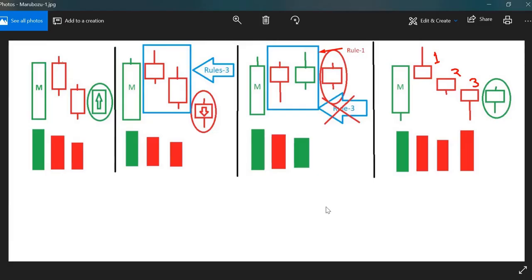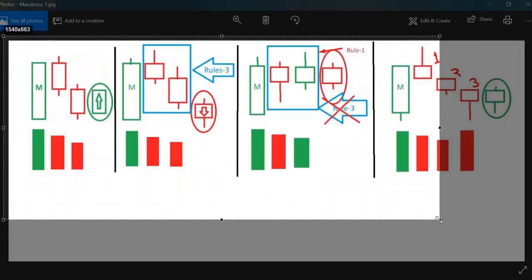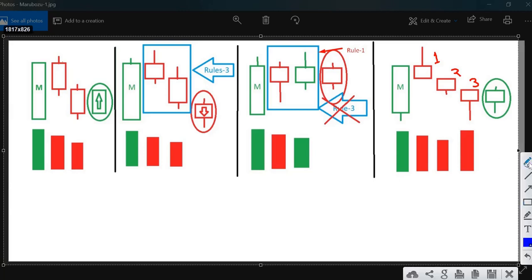This picture. Here we can see there are 4 pictures, right?